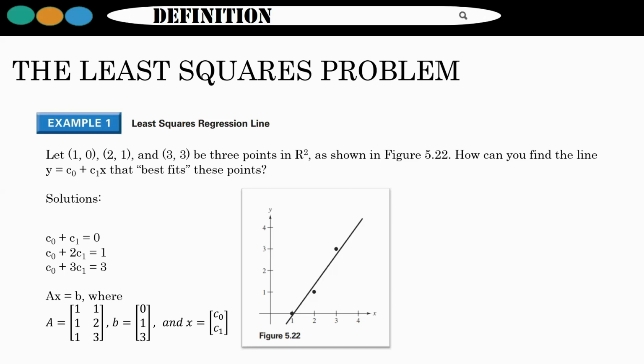And for row 2, we have 1, 2, and 3. For the B, we have a 3 by 1 matrix: 0, 1, 3. And for our X value, we have c sub 0 and c sub 1, which is a 2 by 1 matrix.